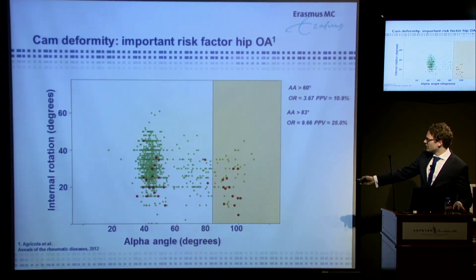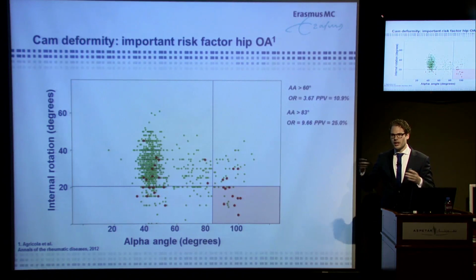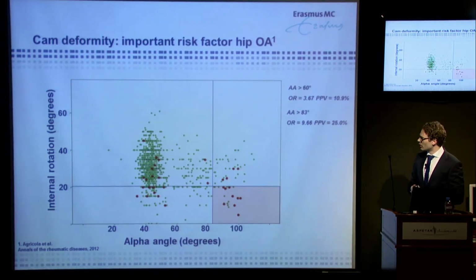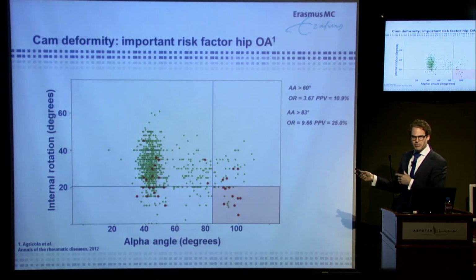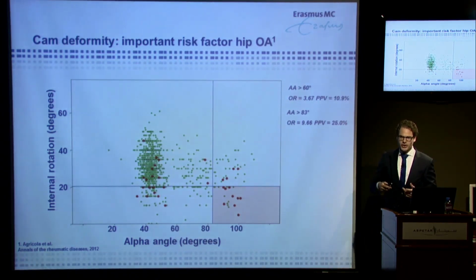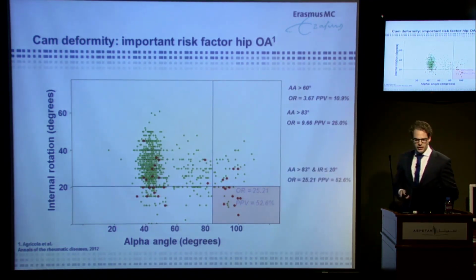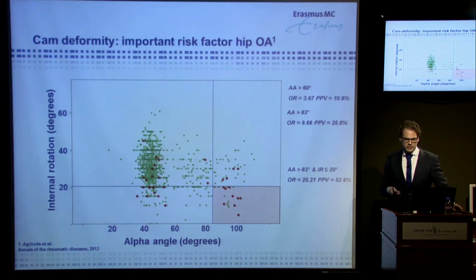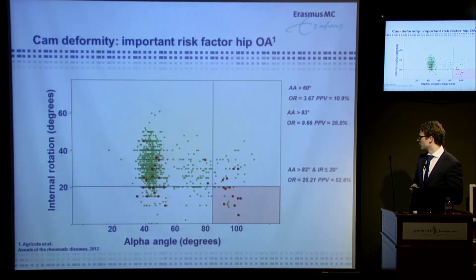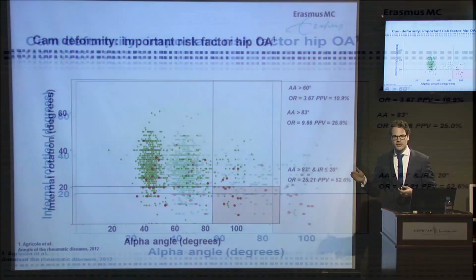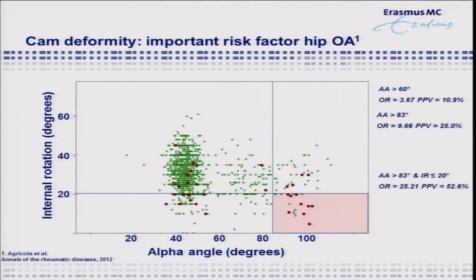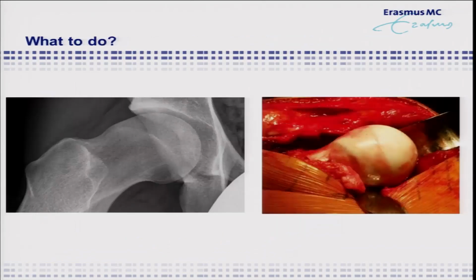And when we combined the internal rotation and the alpha angle, so these are the people that have a big cam deformity together with decreased internal rotation, if we have that combination, it increased the prediction of getting OA significantly, with a positive predictive value of 53%, whereas the a priori chance of getting OA in this cohort at baseline was only 2%. So yes, cam deformity is also associated with hip osteoarthritis.